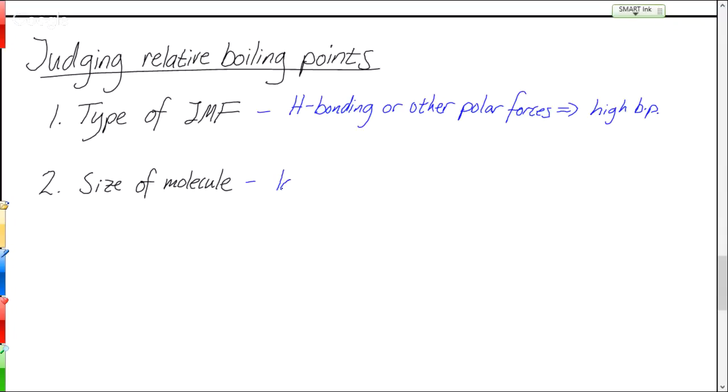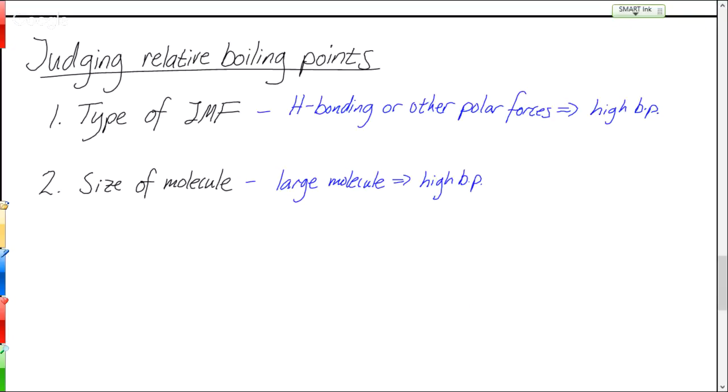And for size of molecule, but to avoid problems, make sure that you think of these things in that order. The type of intermolecular force is a much greater effect than the size of the molecule effect. But the size of the molecule effect is more obvious, so people like it more. But don't make that mistake, because it's easy to see if a molecule is bigger or smaller, but that's not as big of an effect as the type of intermolecular force.